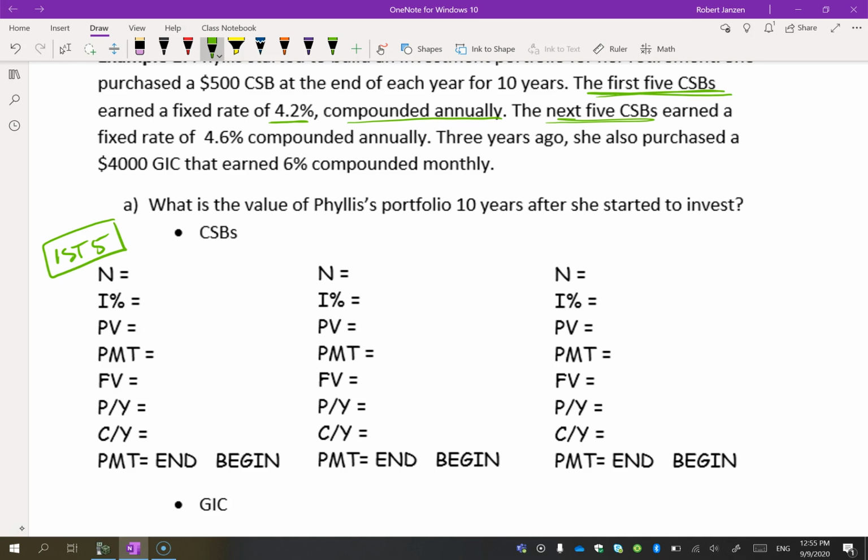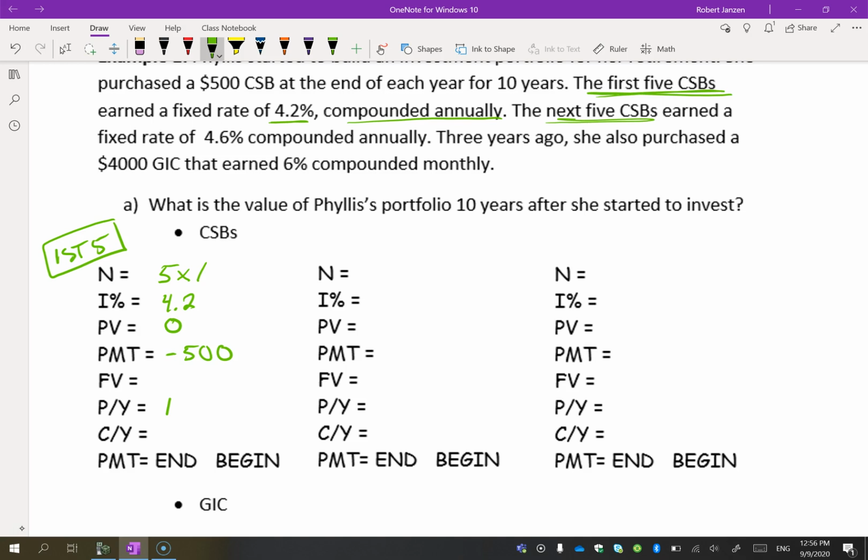Okay, the first 5, she earns 4.2%, and she's doing this once a year, so she's going to make 5 payments over 5 years. 5 times 1 payment per year. She starts with nothing, and the payment is $500.